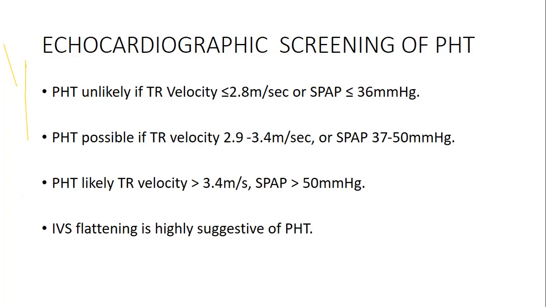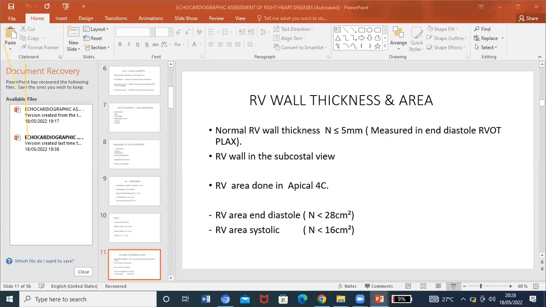Then you can also have the parameters of pulmonary hypertension. And echo provides a valuable non-invasive method for estimating the pulmonary arterial pressure, which I've already discussed.